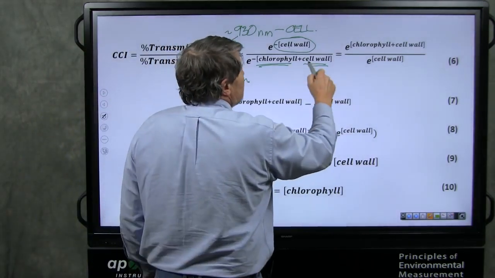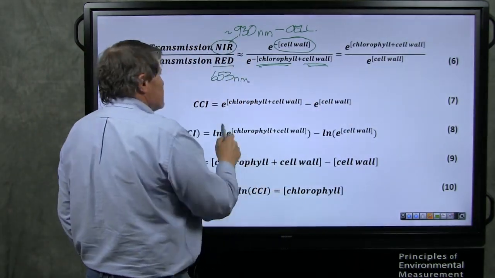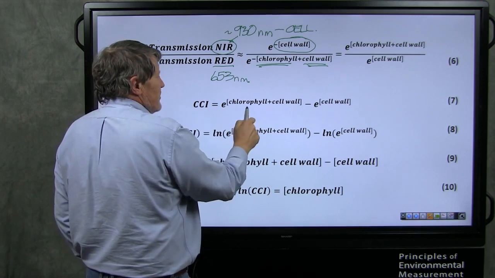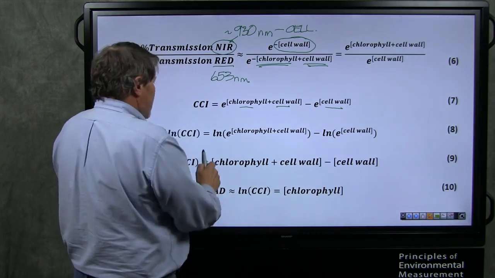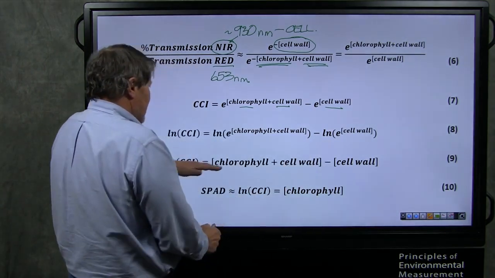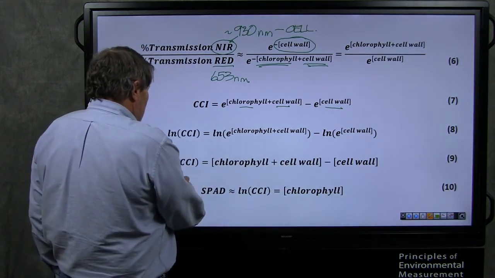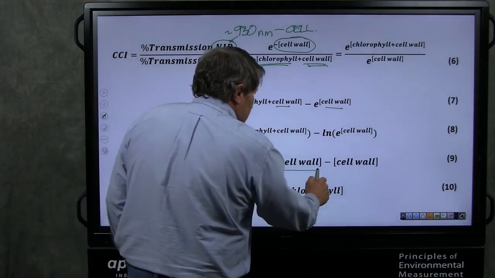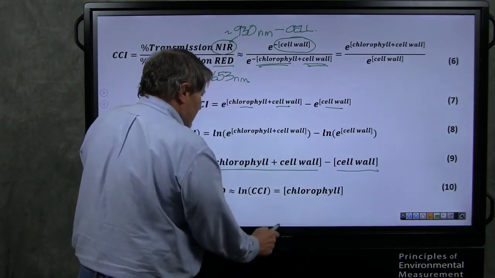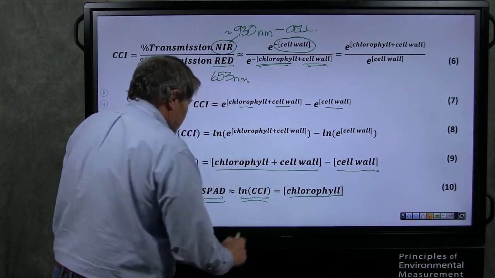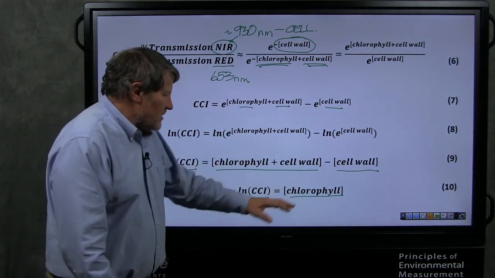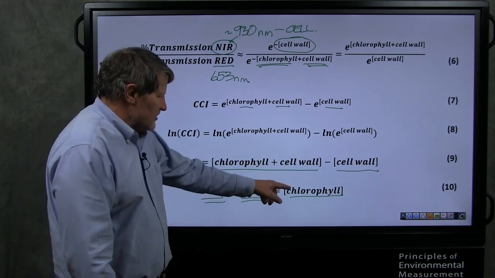So we have e raised to these powers. This reduces to e to the chlorophyll plus cell wall minus cell wall. Take the log of both sides, solve that for the logarithm. We get chlorophyll plus cell wall minus cell wall equals chlorophyll. And mathematically, this is what these meters read. SPAD should theoretically equal chlorophyll, and the log of the CCI should equal chlorophyll.